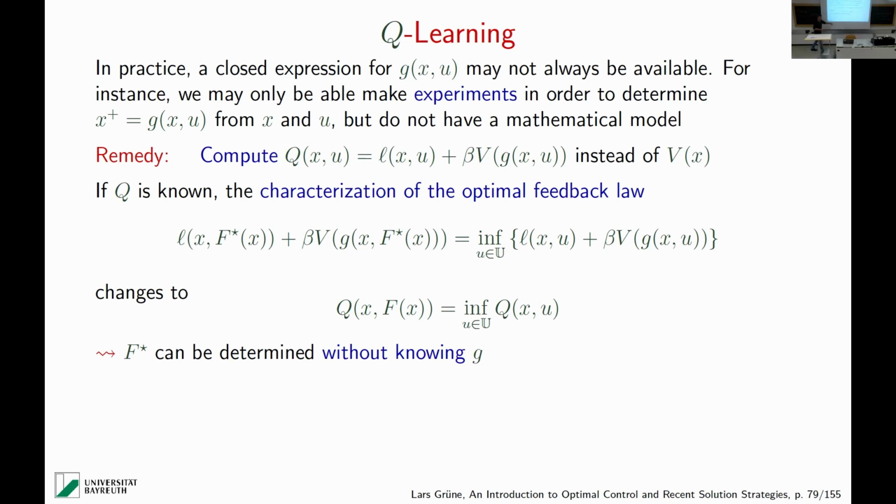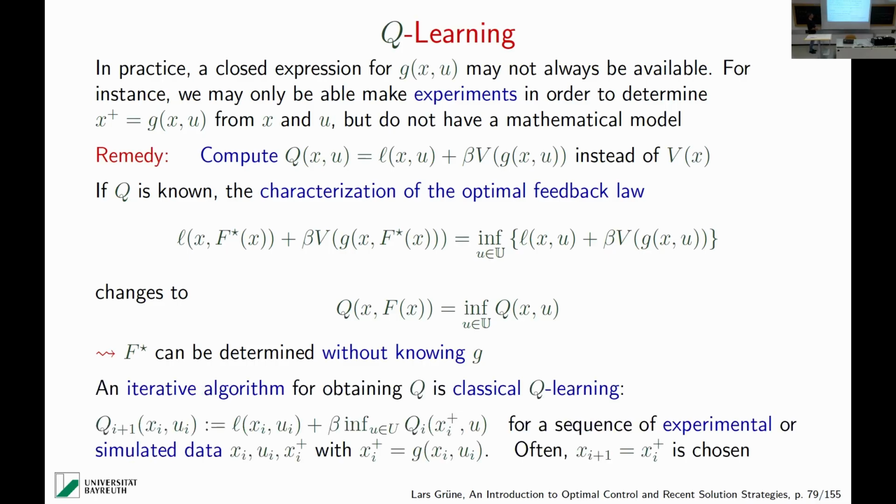If you only have experiments for G or a big simulation software that computes the steps but no formula, this will still work. And the classical Q learning is essentially just value iteration adapted to Q. So again, you compute Qi plus 1 as this expression up here, where you then put Q as the V. So this would be essentially the V again.